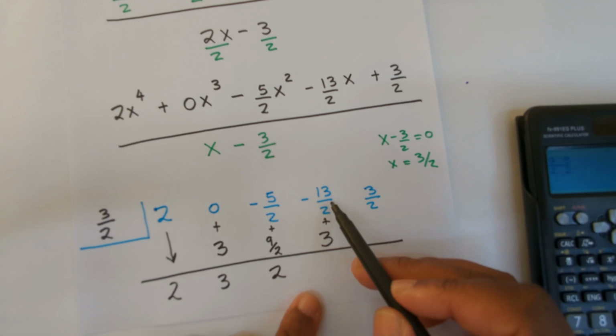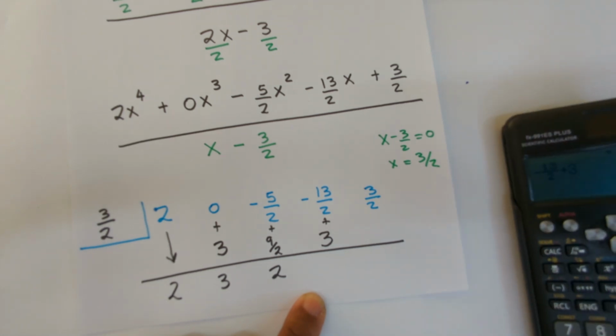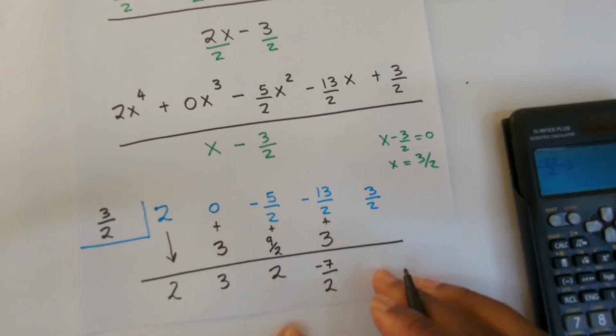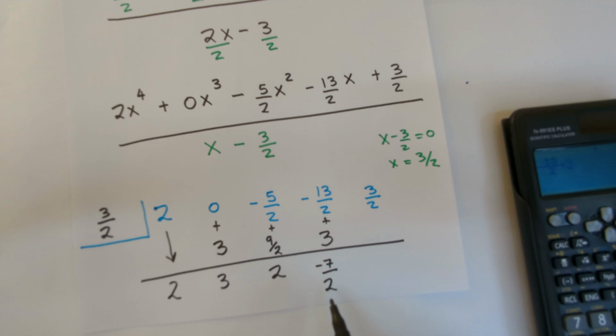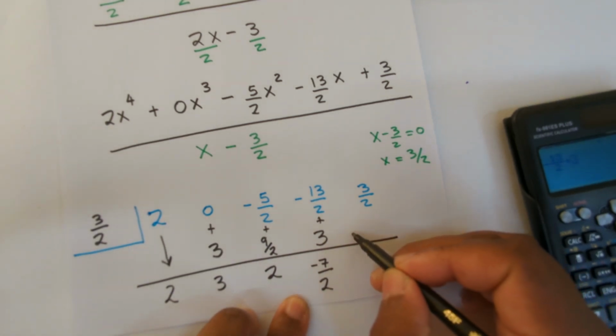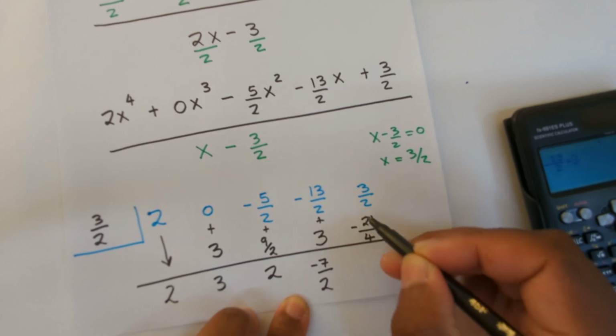Now negative 13 over 2 plus 3. This will give you negative 7 over 2. Now let's multiply 3 over 2 by negative 7 over 2. We are going to get negative 21 over 4.